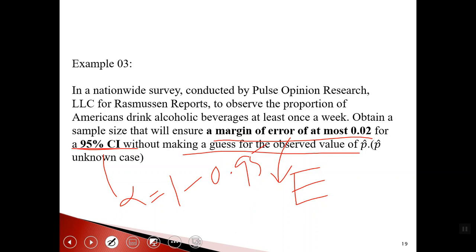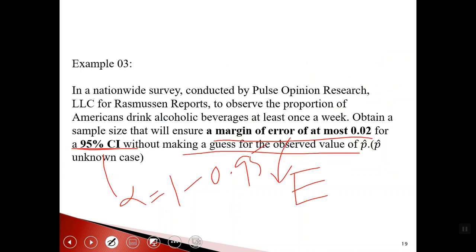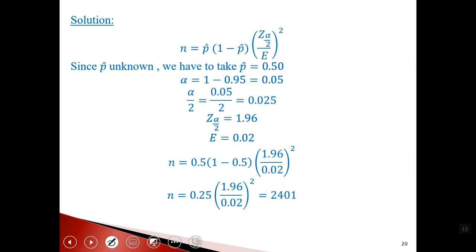If they haven't mentioned it, what are the things you have to follow? These two. But in our case, they haven't mentioned any p value, so the only way is this one. So we have to guess p hat equals 0.5.